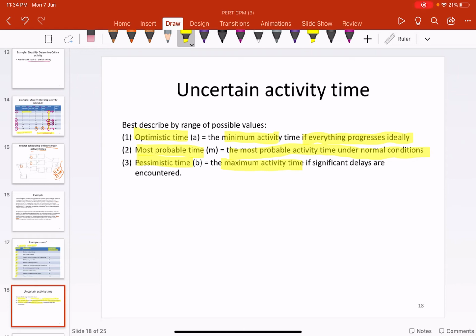So you will have a formula here in which A represents optimistic time, M represents most probable time, and B represents pessimistic time.